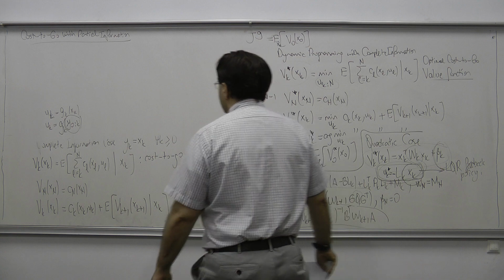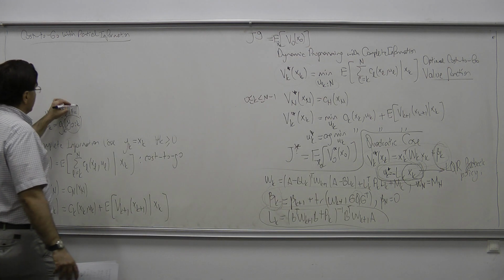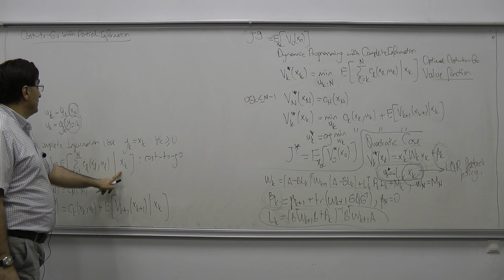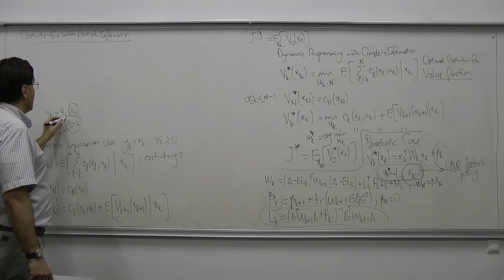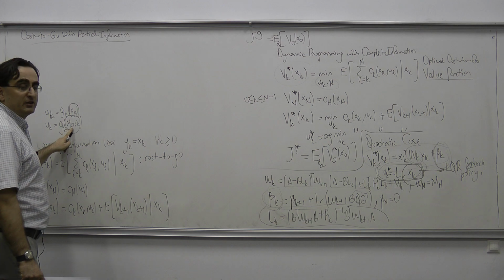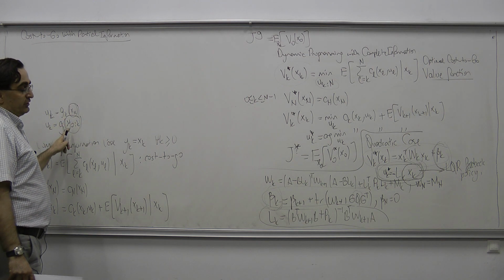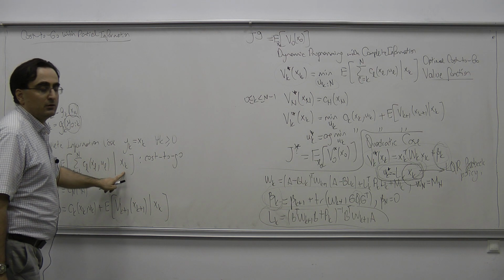Okay? And here, this x_k is nothing but the conditioning in the cost to go. Okay? So we are going to define the cost to go for the partial information case by putting this given information into the conditioning.